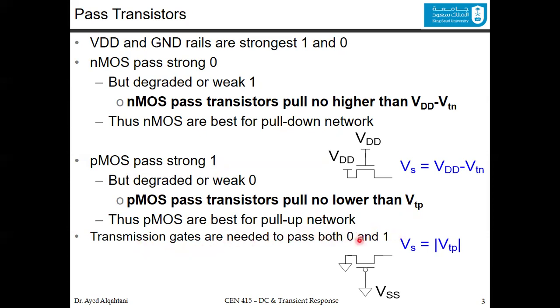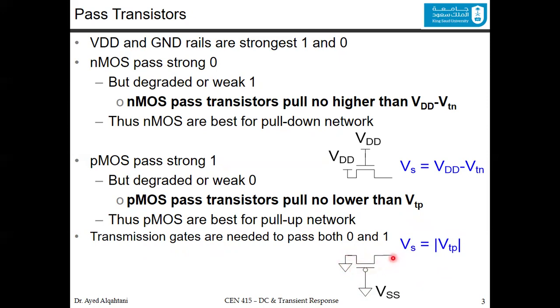One solution that we mentioned before is that transmission gates are needed to pass both zeros and ones. But before we move to the next slide, let's check the PMOS again. If you have the PMOS on, by applying 0 volts at the gate, and in this terminal you also have 0 volts, then at the output, it's degraded through the PMOS.